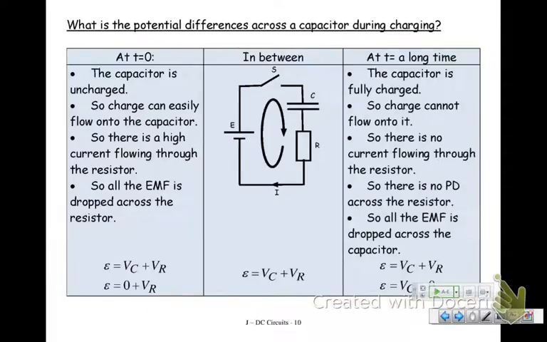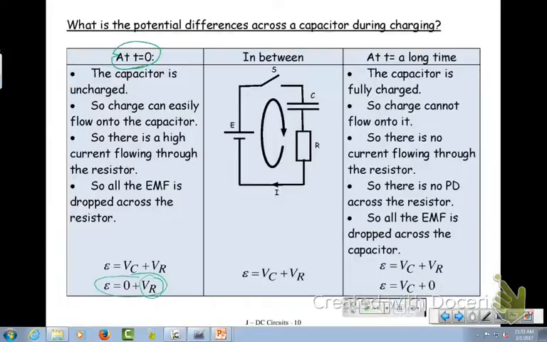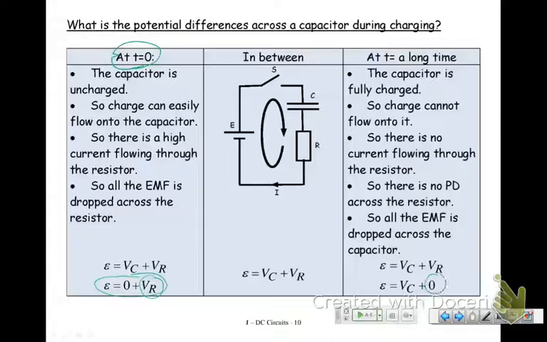At any instant in time, at the extreme, I'll have no charge across my capacitor, so all the EMF is across my resistor at time t equals 0. At the other extreme, there's no potential difference across the resistor because it's all across the capacitor. T equals a long time.